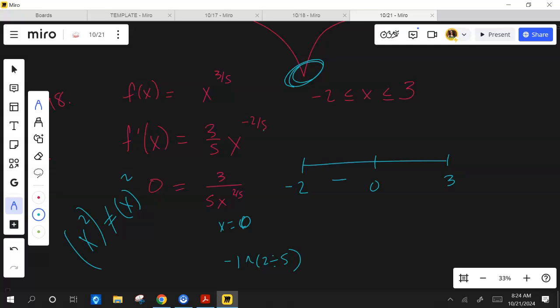Yeah, but if you multiply by a positive, what do you get? Because the odd root definitely keeps me negative, right?